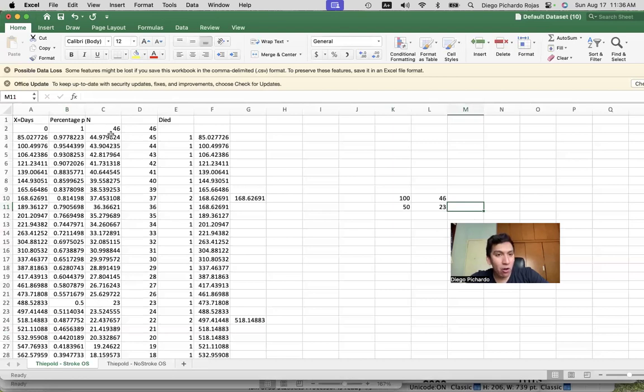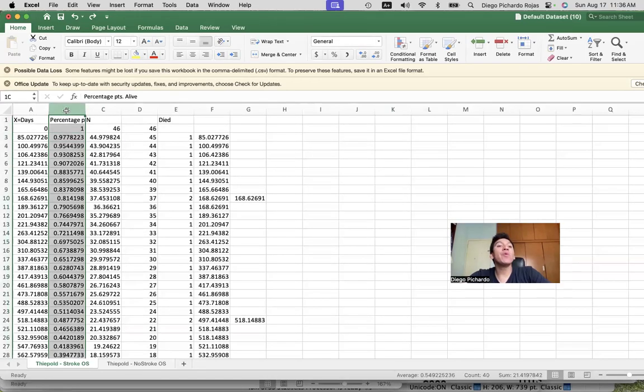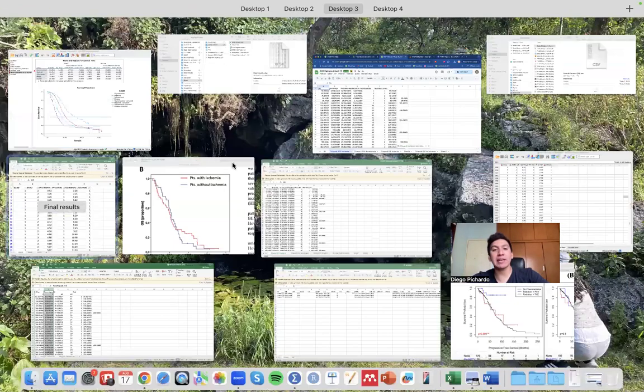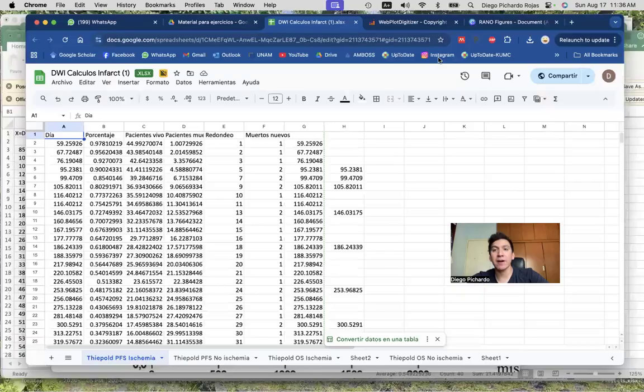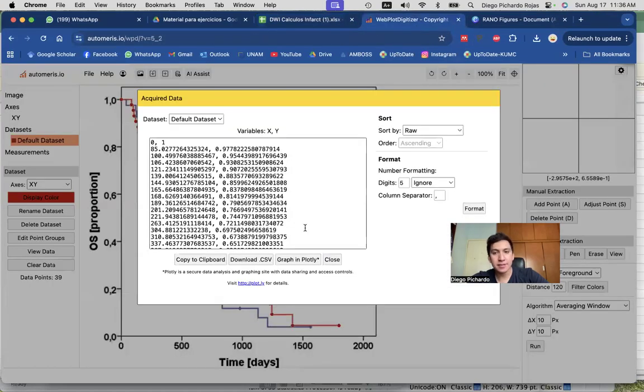So this whole column is like our column of advanced mathematics and rules of three. So that's just the original sample size, which was 46, times the percentage, which was the column that we got directly from the image analysis software. All right. Does that make sense?